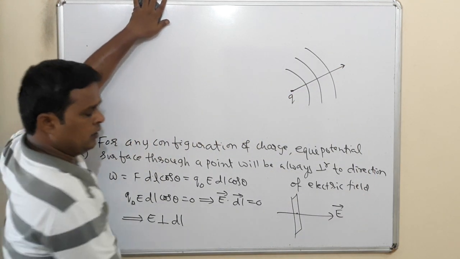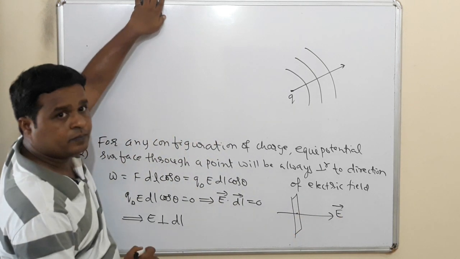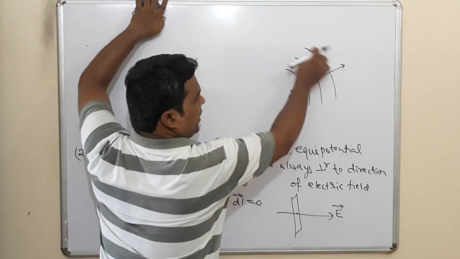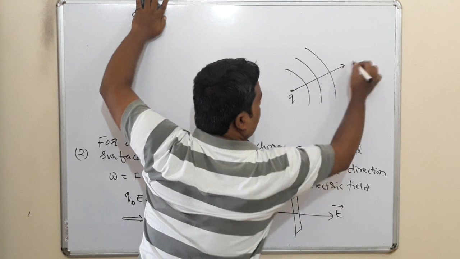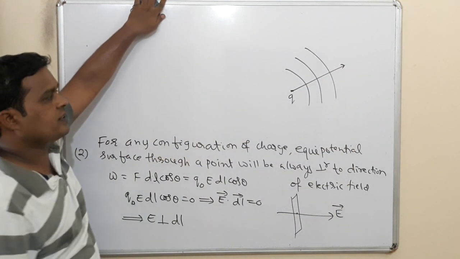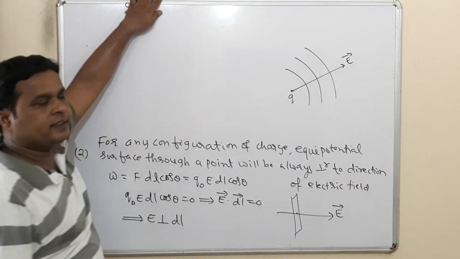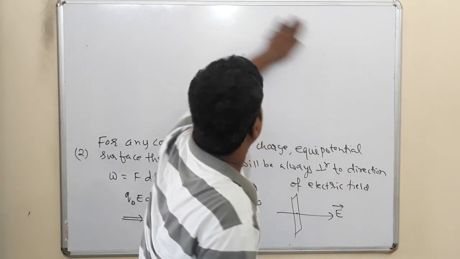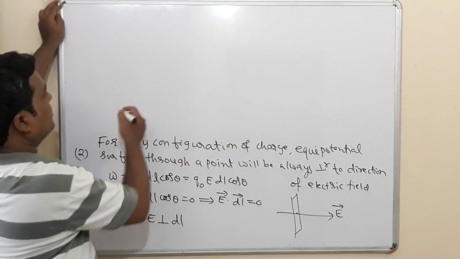If we draw a line perpendicular to the equipotential surface, then this line gives me the direction of the electric field.